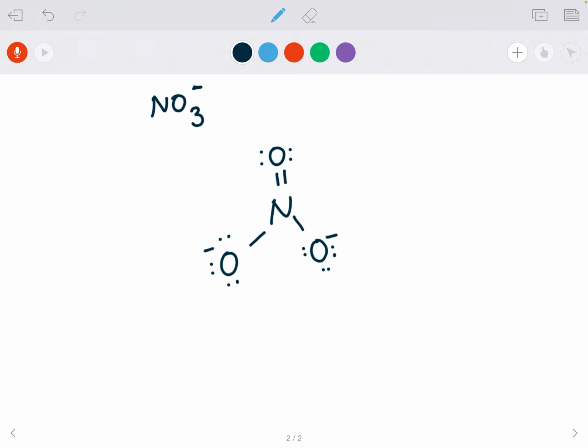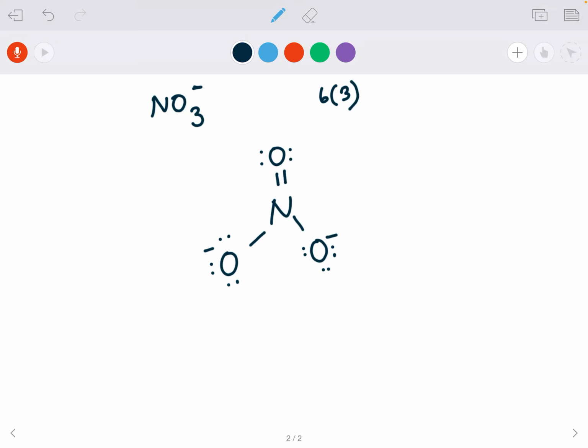Now another example I'll go with is NO3 minus. So I have to make sure I draw the correct Lewis structure here. So I've got nitrogen in the middle. Then I'm going to have it double bonded to an oxygen, single bond to an oxygen, single bond to an oxygen. Let's make sure I did this correctly. Okay. So we should have 6 times 3 valence electrons.